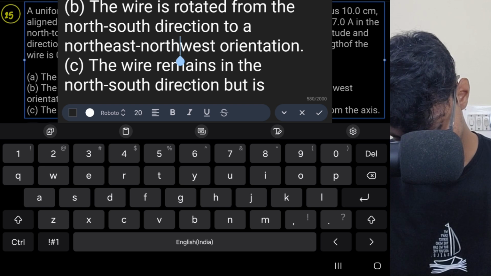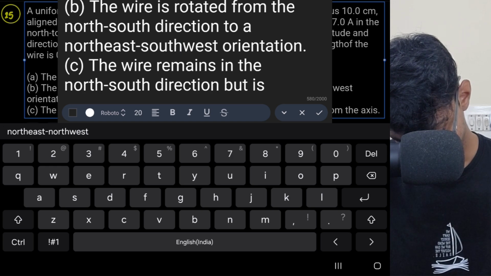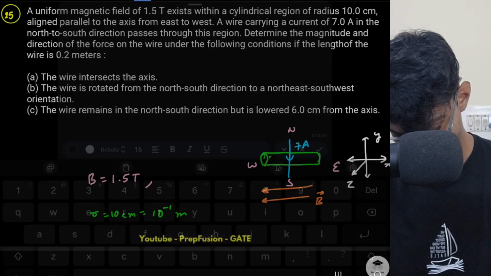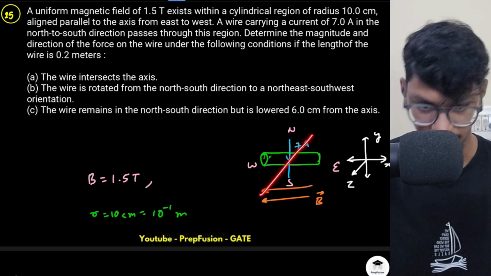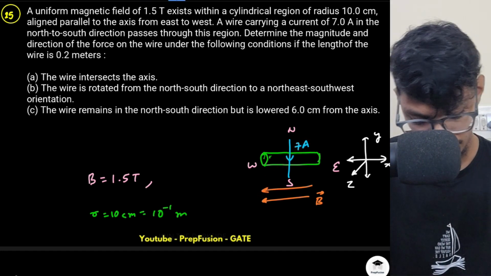Northeast-southwest orientation, because southwest is something like this. So it will be just tilted 45 degrees.